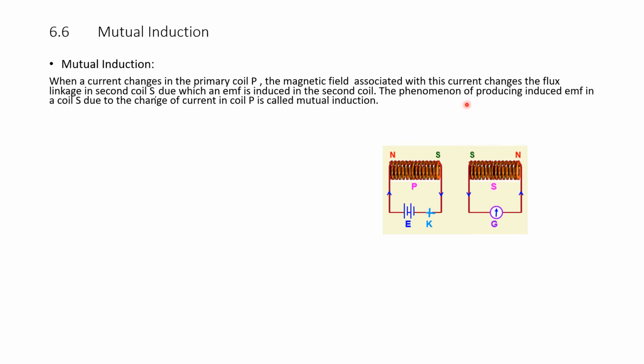The phenomenon of producing induced EMF in the coil S, that is the secondary coil, due to the change in the coil P is called mutual induction. That means the flux is originally produced in the primary, it is linked to the secondary, and in the secondary an EMF is induced.